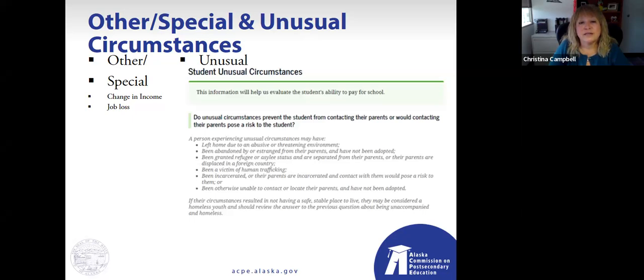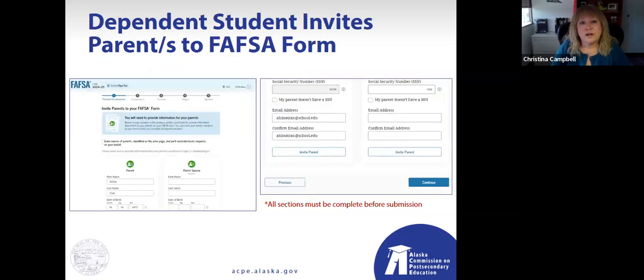It will vary, but it's pretty open right now, and they're narrowing it down and making it a little more list-wise, so that you can get documentation to help a student provide proof of these special or particularly unusual circumstances, such as parents being separated from their kids or being missing in action, or whatever the case may be. So just know that it's possible. More details will be coming and will be available on that.